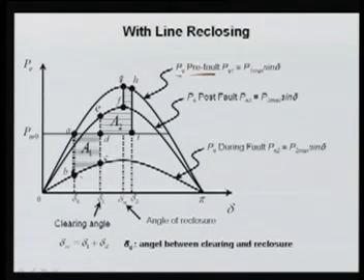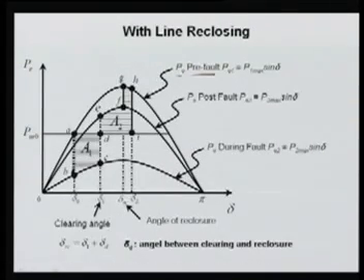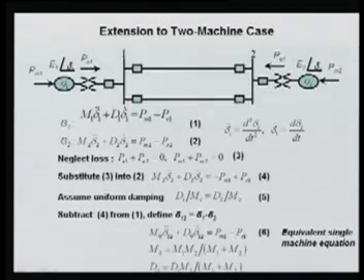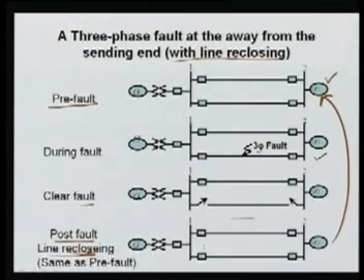During the fault it is similar to this, and for the post-fault, you can see this impedance is the same. Here this line is clear, so this is a fault clear. So this impedance is just like in the previous case post fault.